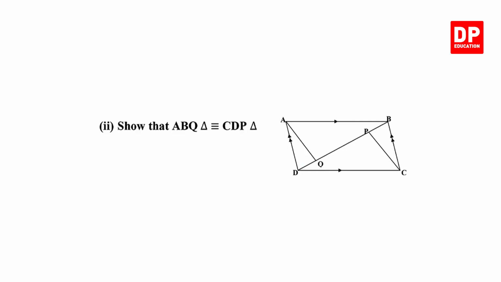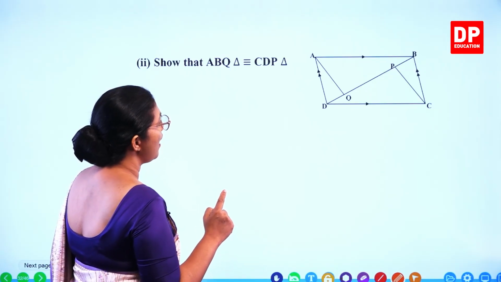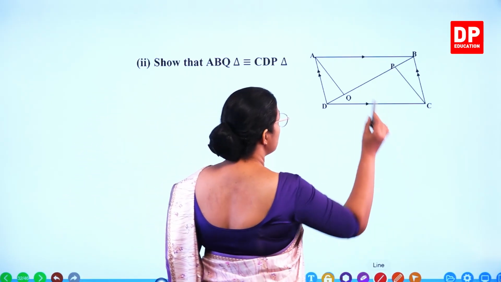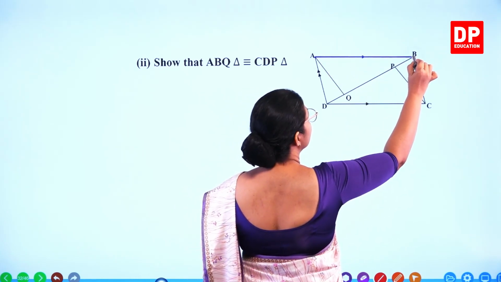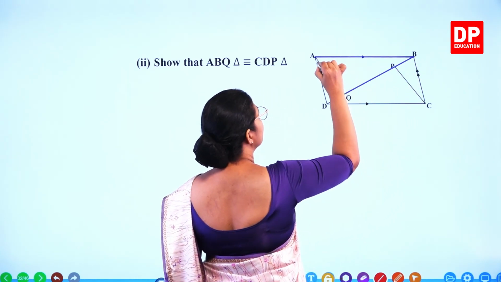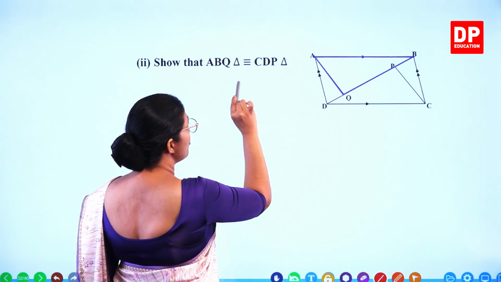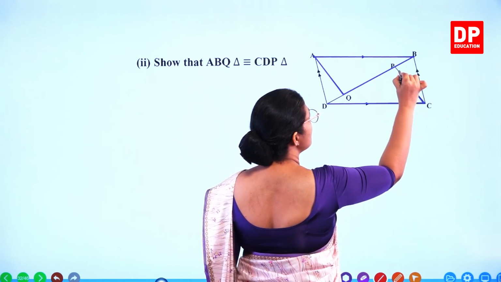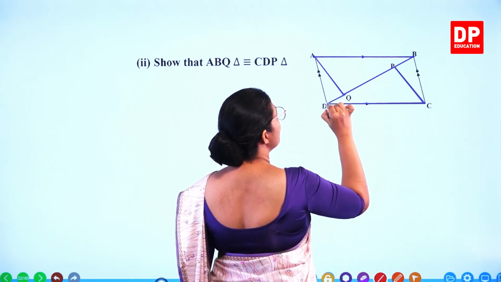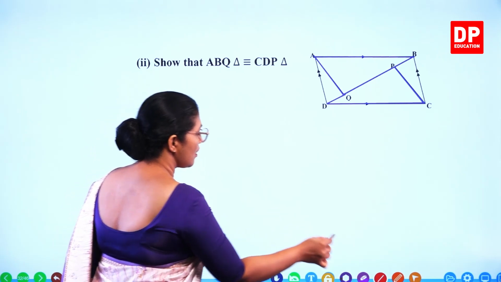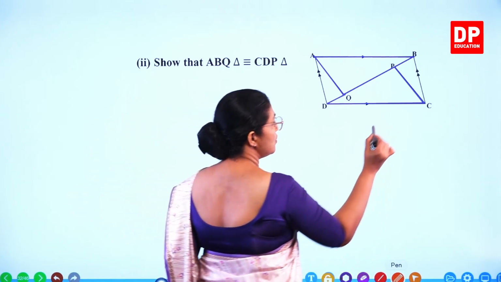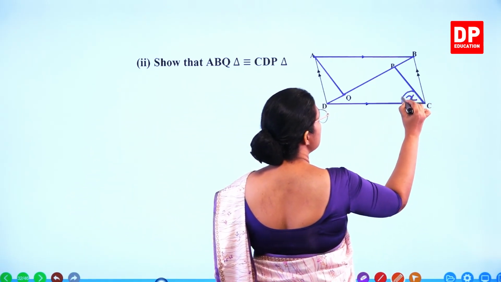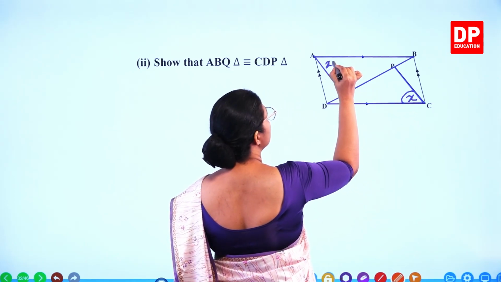Let's take the next part. Show that triangle ABQ, this triangle, is congruent to triangle CDP, this one. Now earlier we found that this angle is the same as this angle.